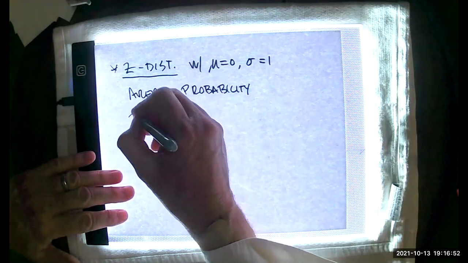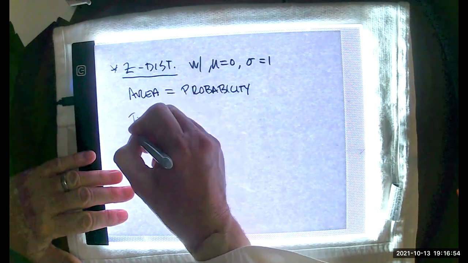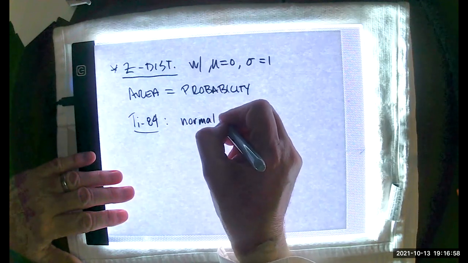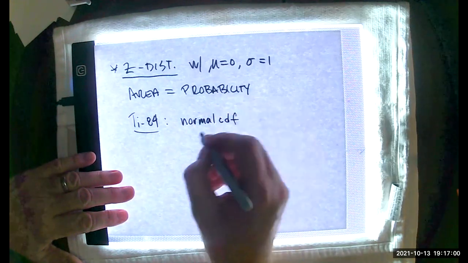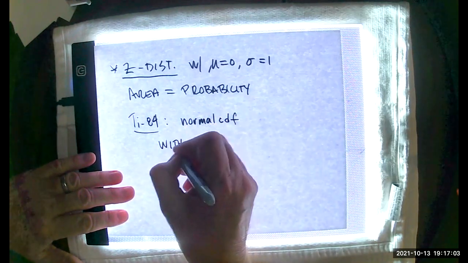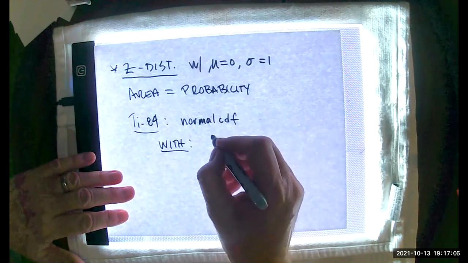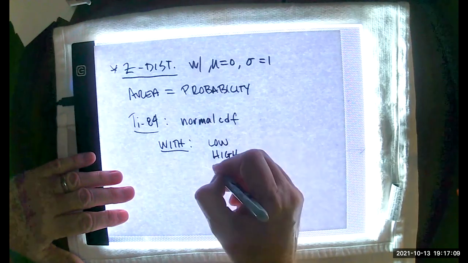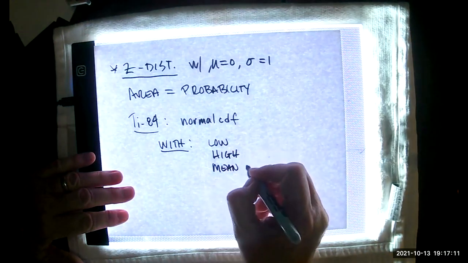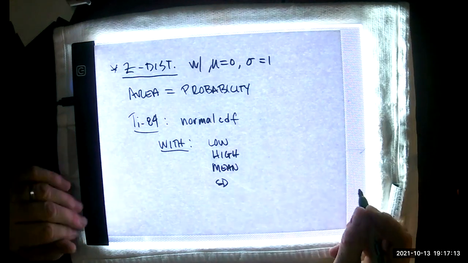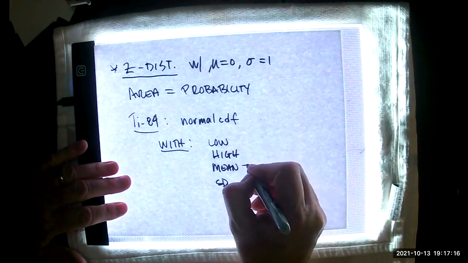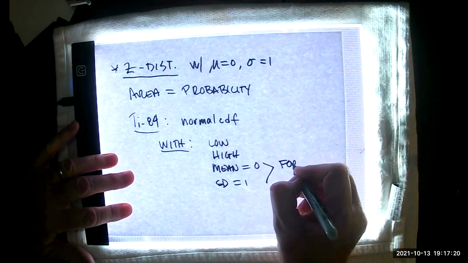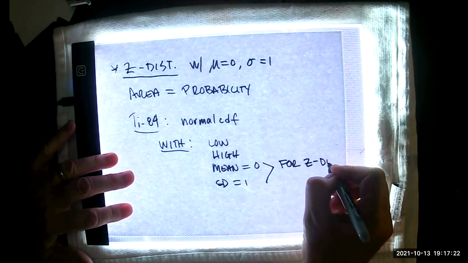The TI-84 tool that we use, normalcdf, with, and in the proper order too, the low, the high, the mean, and the standard deviation. 0 and 1 for the z distribution.